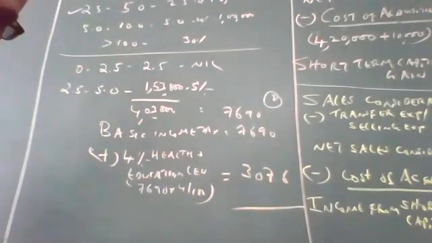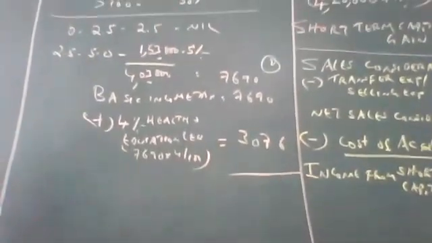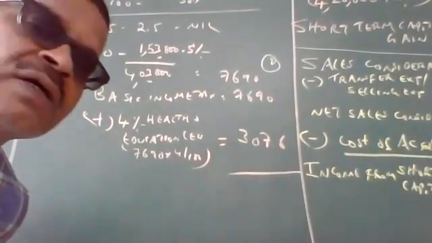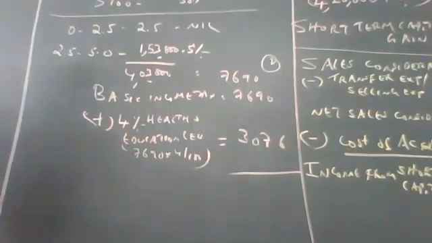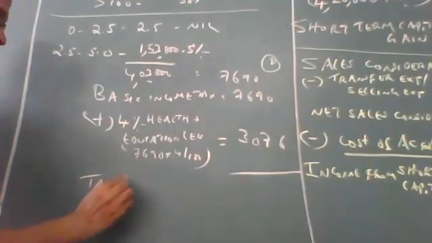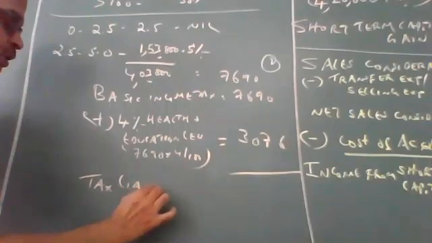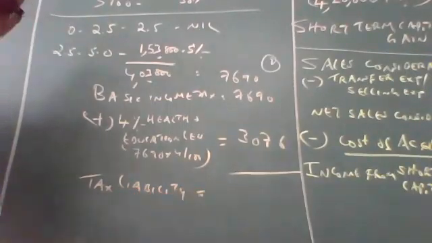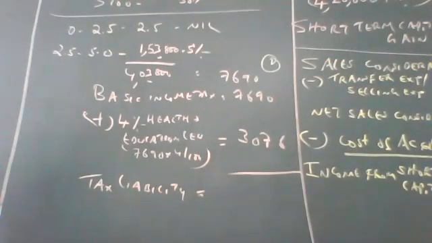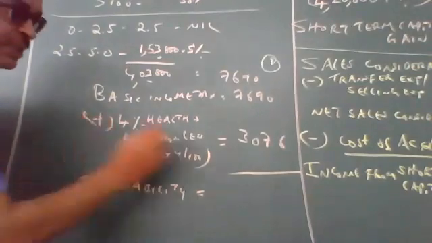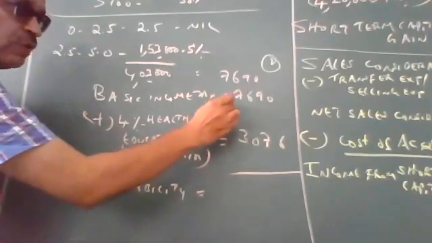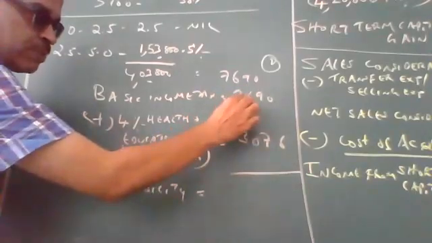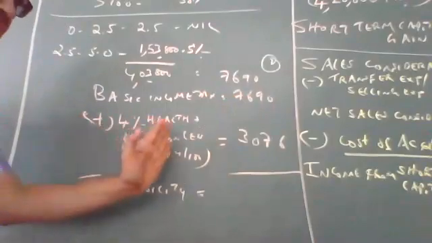So we'll get the tax liability. 7,690 plus 307.6, add these two values: this plus this, the 4% HEC.